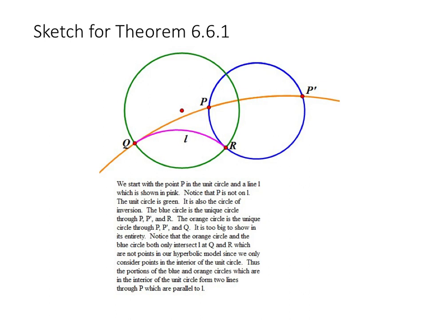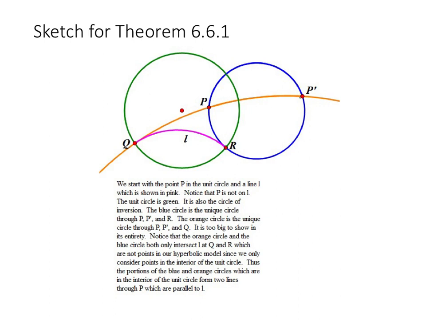So the first line we can create by choosing point Q, where L meets the unit circle, our point P, which is off of L, and then we compute the image of P under inversion with respect to the unit circle, getting P prime.